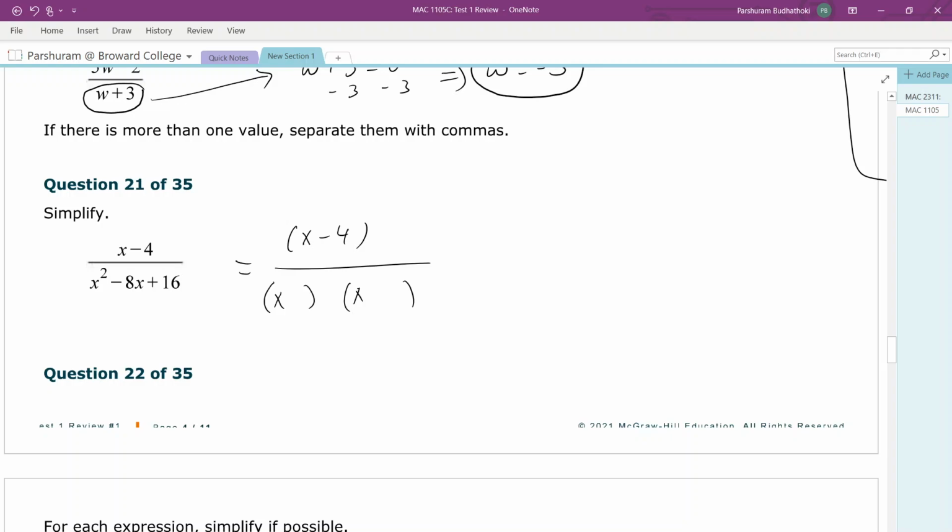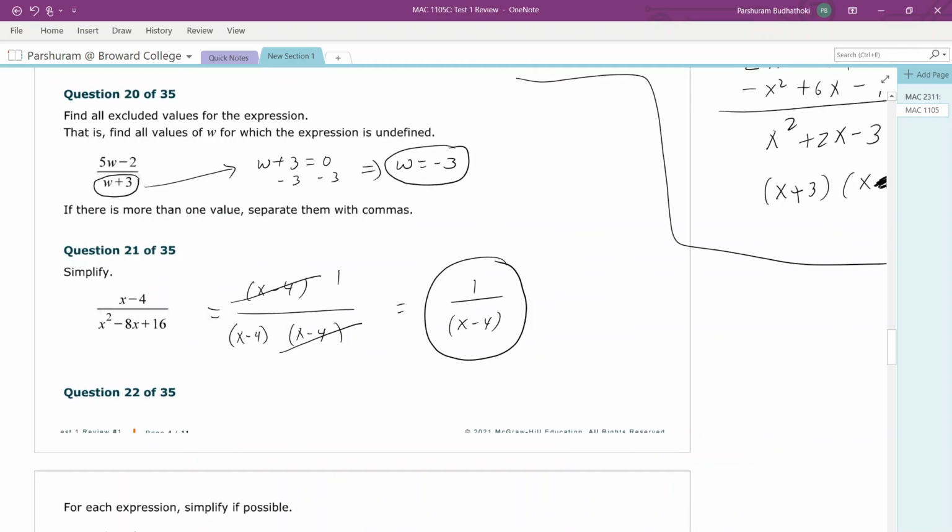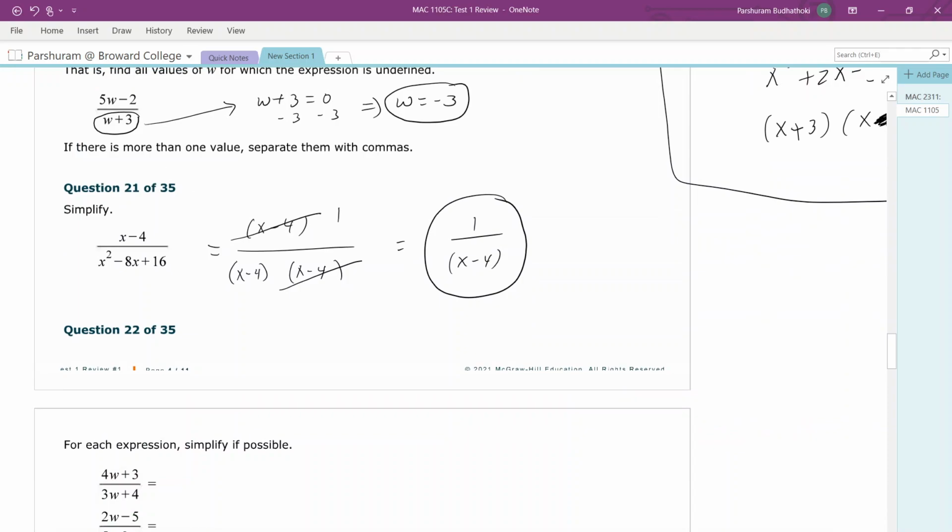So negative 4 times negative 4 would be 16, and the sum of negative 4 and negative 4 is negative 8. That's why these are the factors. And because x minus 4 is the common factor on the top and bottom, after cancellation of the common factor, we get 1 over x minus 4 as the simplified form of problem 21.